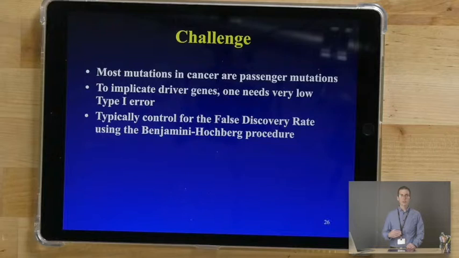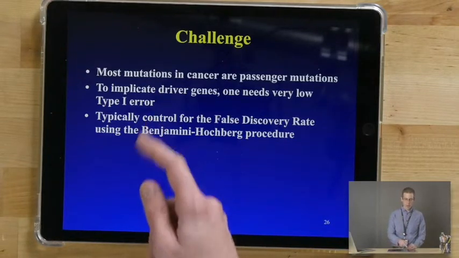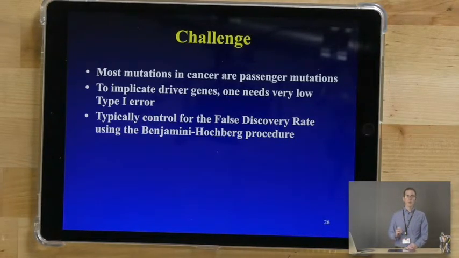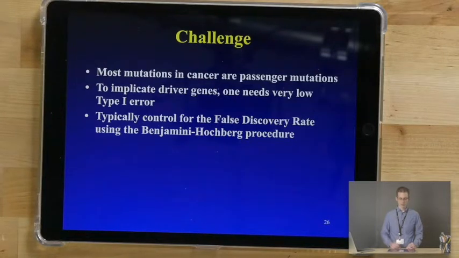So you have many more genes that aren't playing a central role in cancer. You really need to make sure that you have a very low false positive rate, or type 1 error, so that most of the genes you implicate are real driver genes as opposed to statistical artifacts.